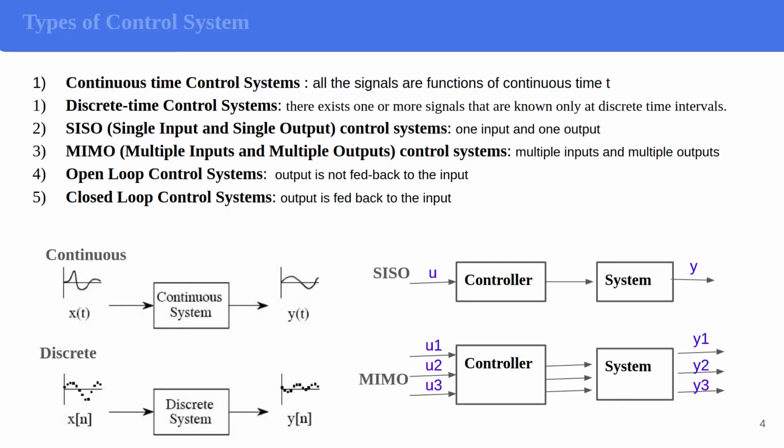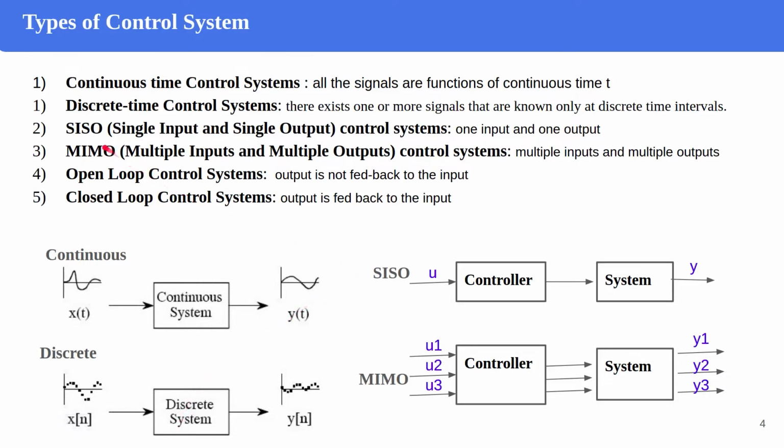Let's see, we have different types of control systems. We have the continuous time control system, which you can see in the block diagram here. All the signals or functions are continuous in time t. We have the discrete time control system, where there exist one or more discrete time signals.